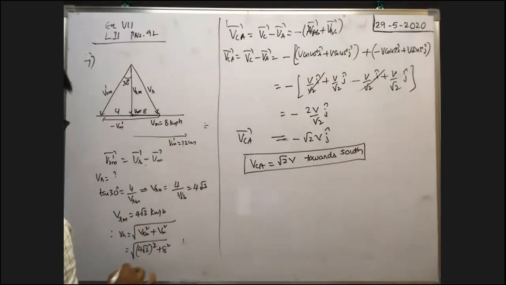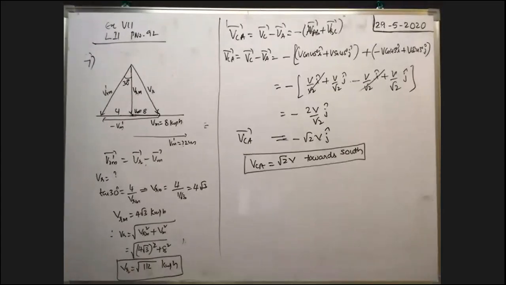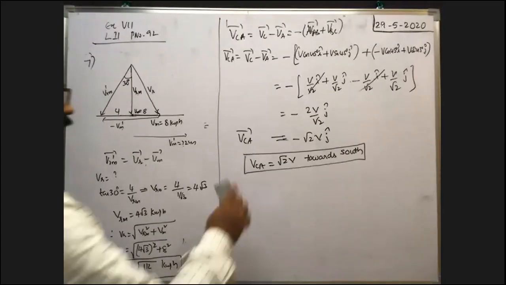Therefore, you simplify them, you will get 16 into 3, which is 48, plus 64. 48 plus 64 is 112, no? So root 112 kilometer per hour. This is the velocity of the rain. Already one of the options is root 112 kilometer per hour. So that is correct only.